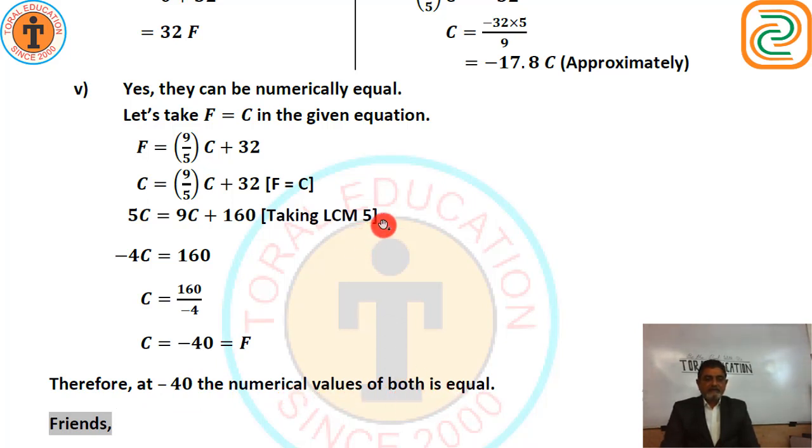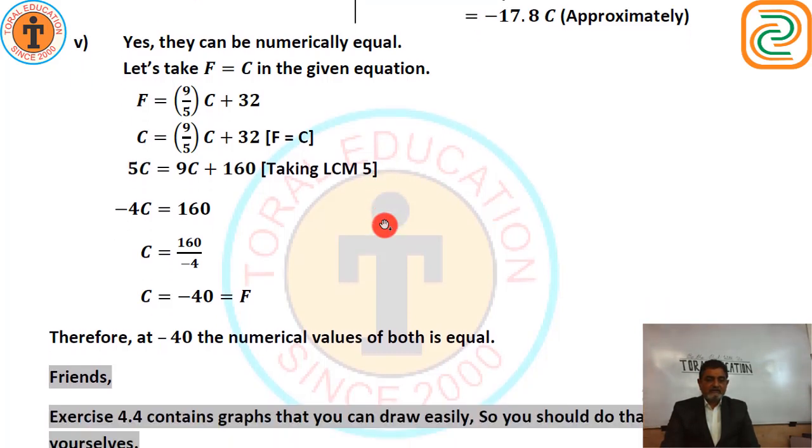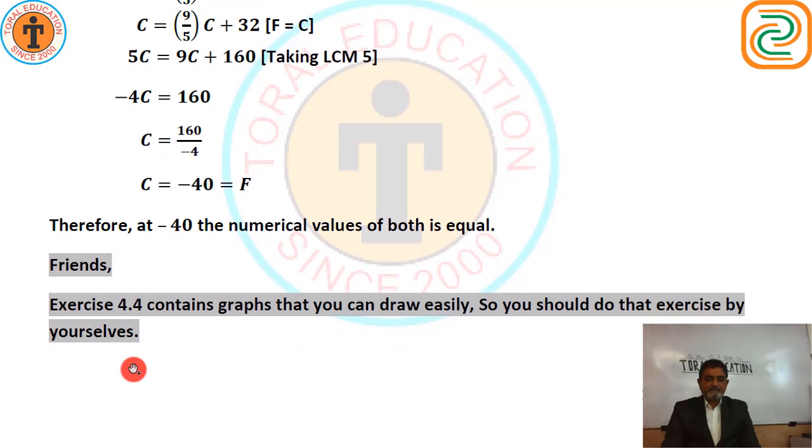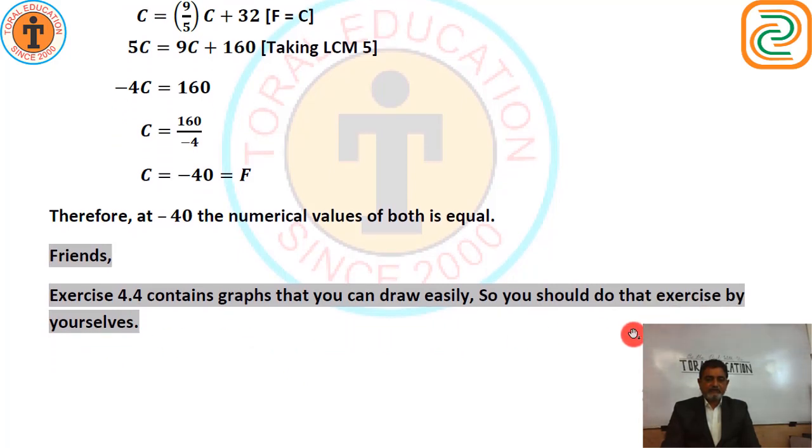So friends, these were the questions in this. Now here I have written, friends, exercise 4.4 contains graphs that you can draw easily. So you should do this exercise by yourself.